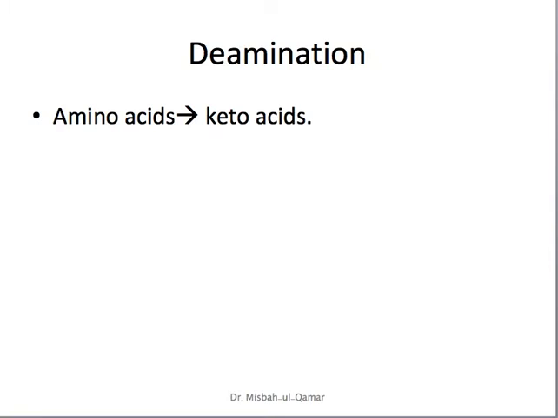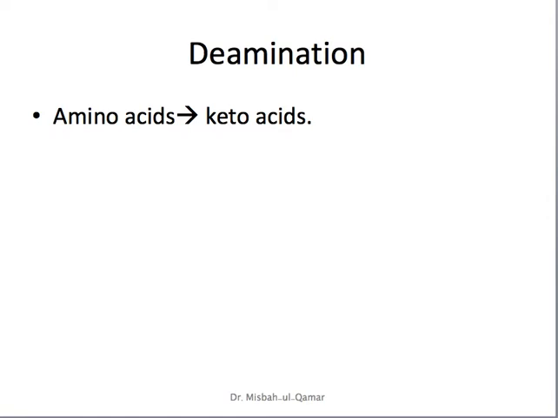Deamination is required before protein is used for energy or converted into carbohydrate or fat. For example, the deamination of alanine plays an important role in hepatic gluconeogenesis. Enzymatic processes convert amino acids to their respective keto acids.